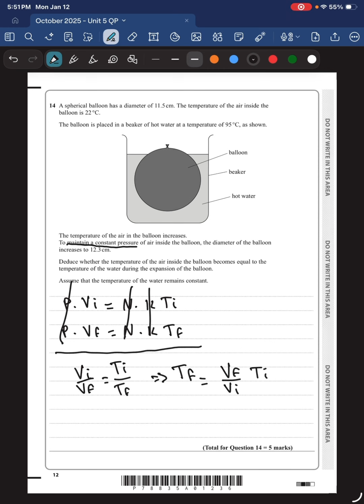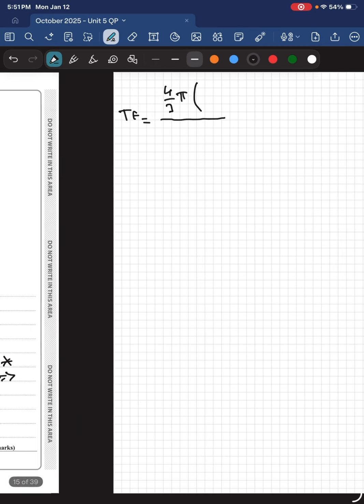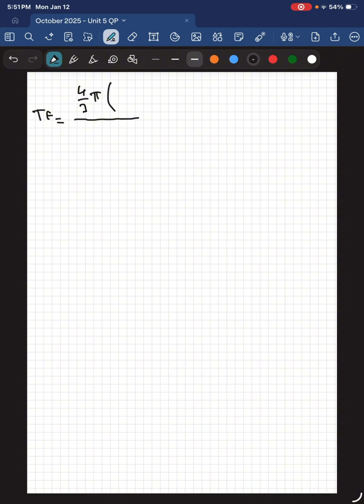Okay, they give us the diameter. I'm going to use a clean page. So T_f: what's the volume of a sphere? It's 4/3 pi times the radius cubed, and we are not given the radius, we are given the diameter, so the radius is half the diameter.